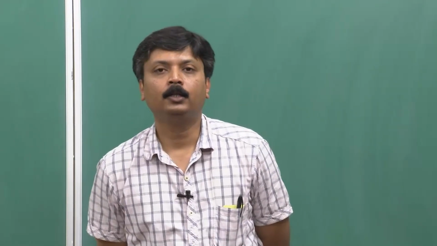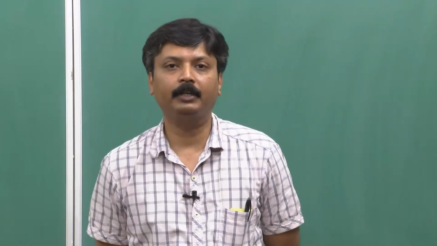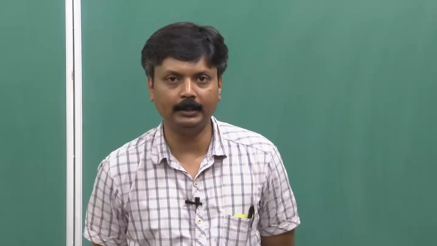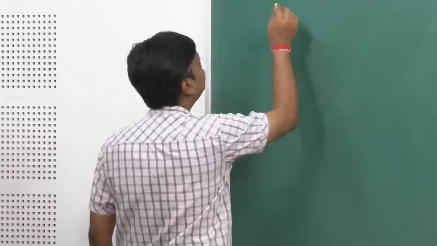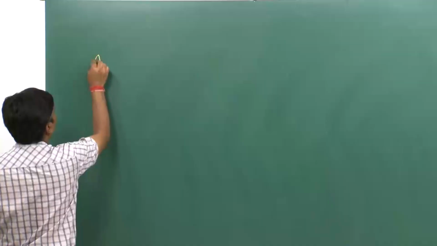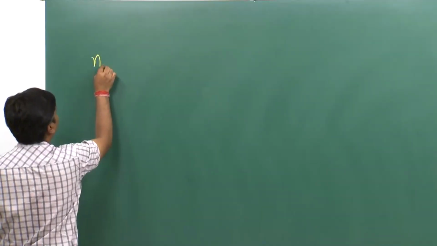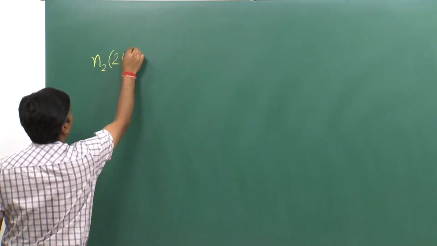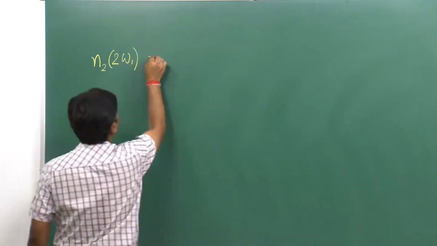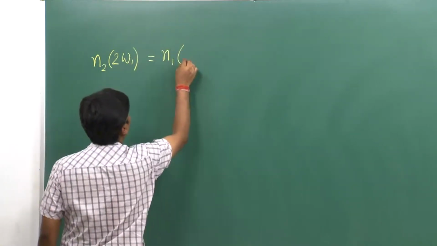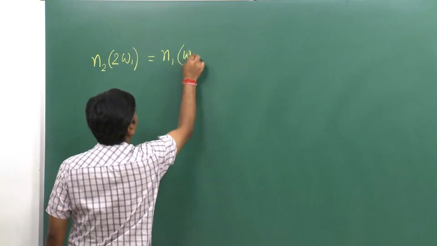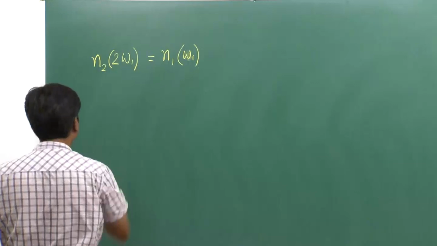Hello and welcome back. In the last class we were looking at the phase matching conditions and we found the related index matching condition. The index matching condition for SHG was like this.